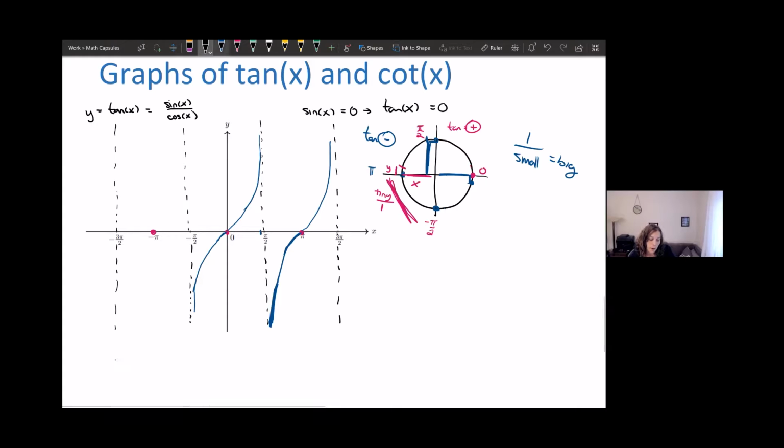So every place where cosine is undefined creates a vertical asymptote, and between each pair, we get this same exact shape. Mine don't look all the same because I'm not a great artist, but they should be identical. So tan actually has a period of 1 pi. It recopies itself over every pair of vertical asymptotes, which are always 1 pi apart. That's a great thing to know about tan.